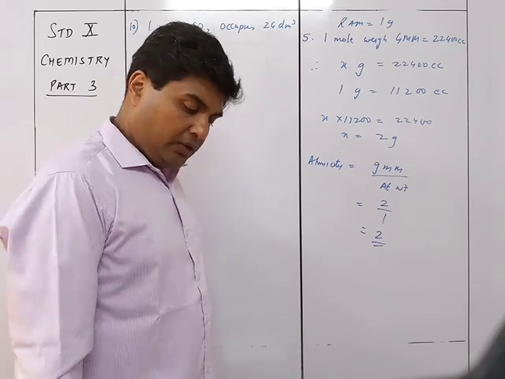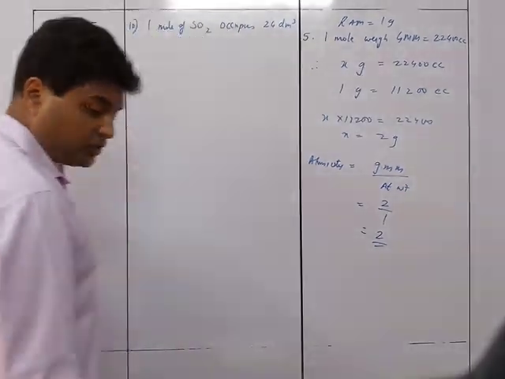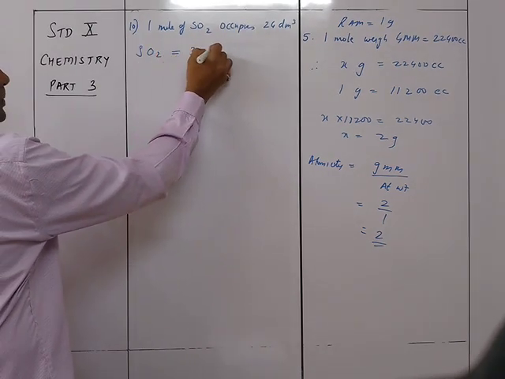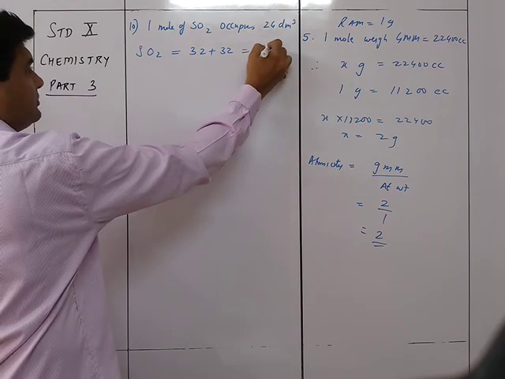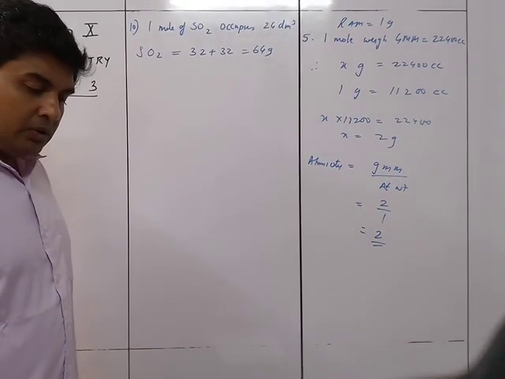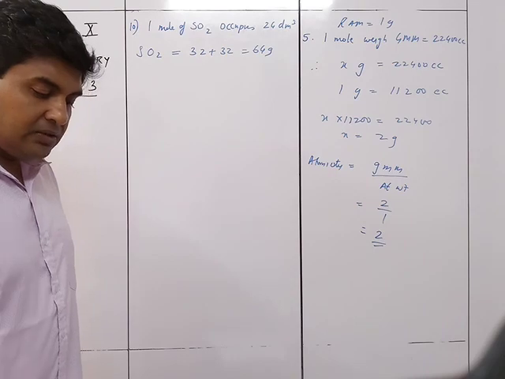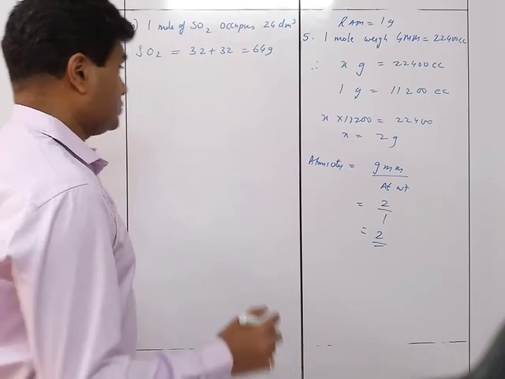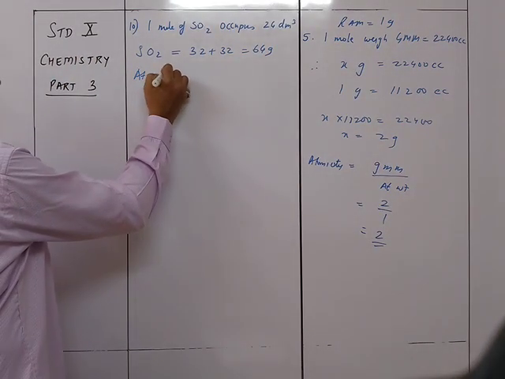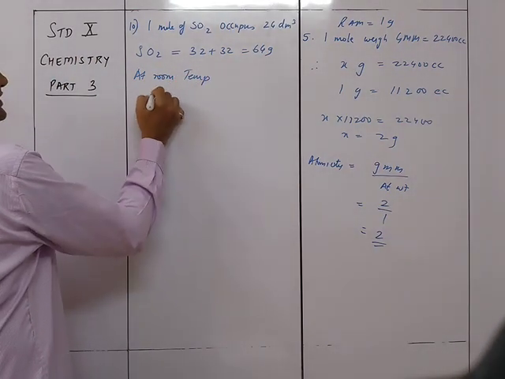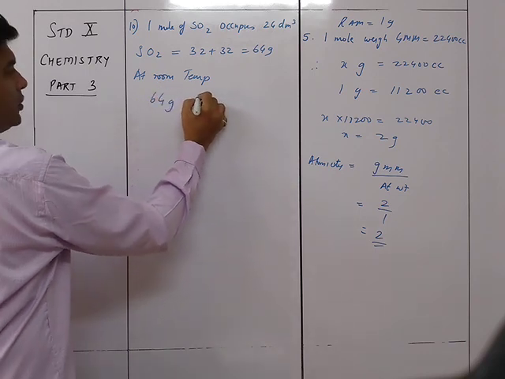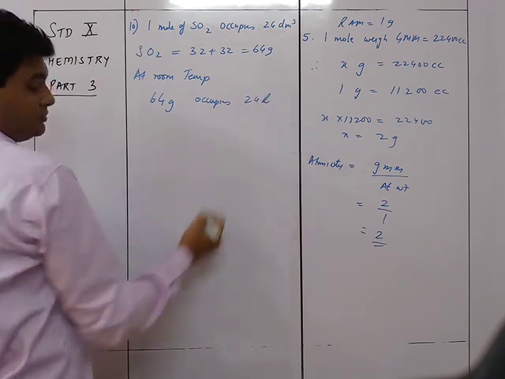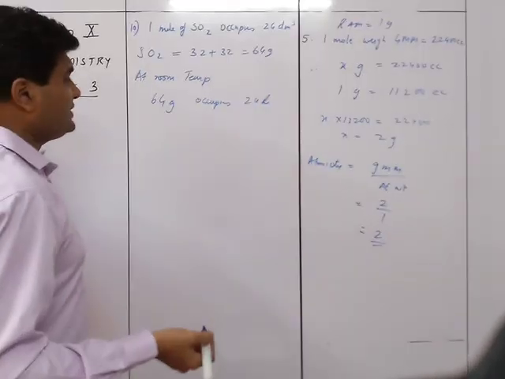Now you know that SO2 is nothing but 32 plus 32 is equals to 64 grams. So it is given that at a particular room temperature 64 grams is occupying 24 liters. So at room temperature 64 grams occupies 24 liters, because dm cube and liter is one and the same.